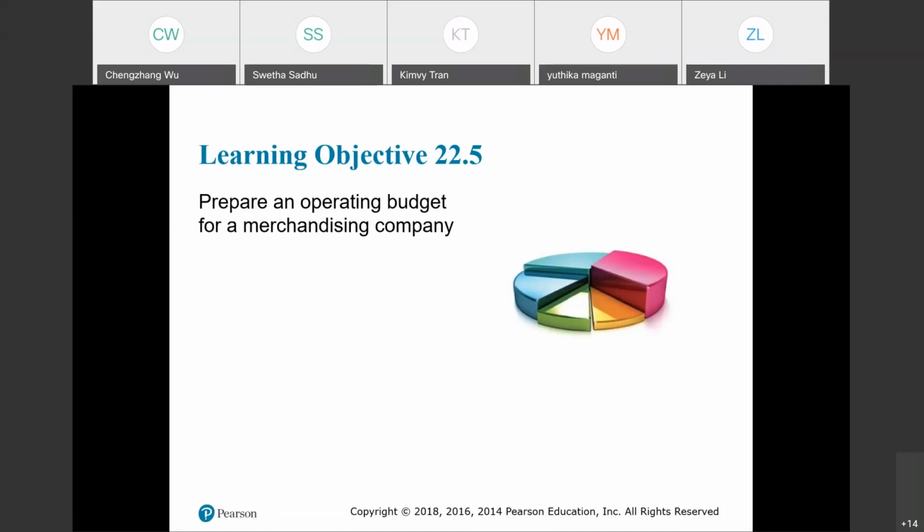Well, in the last two classes, I introduced how to prepare the master budget for the manufacturing companies. Today I'm going to introduce how to prepare the budgets for merchandising companies.